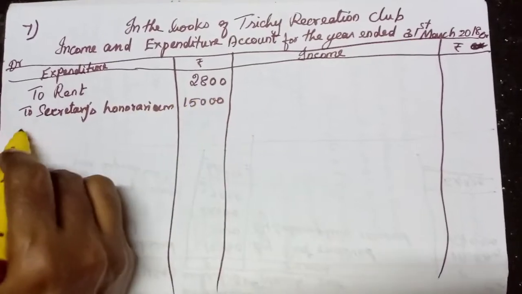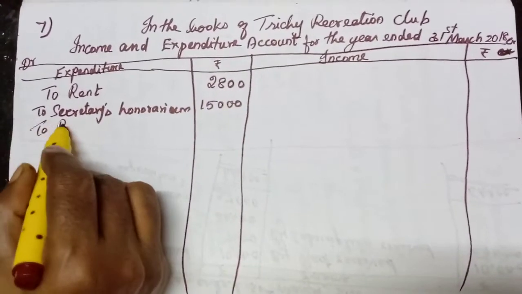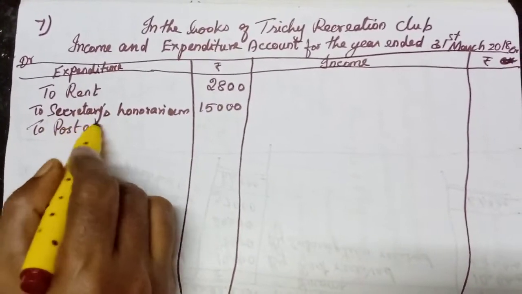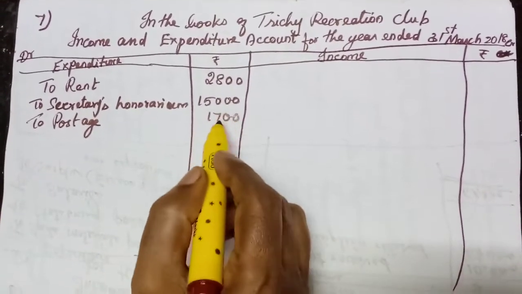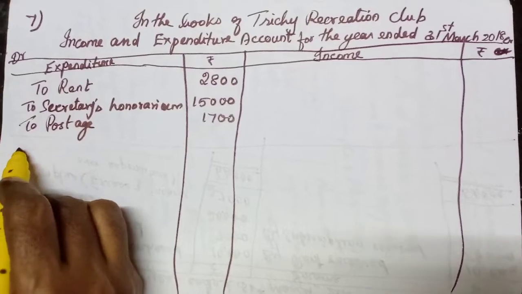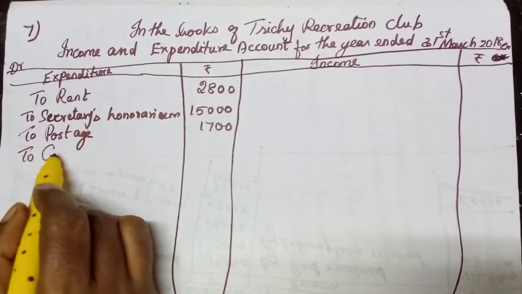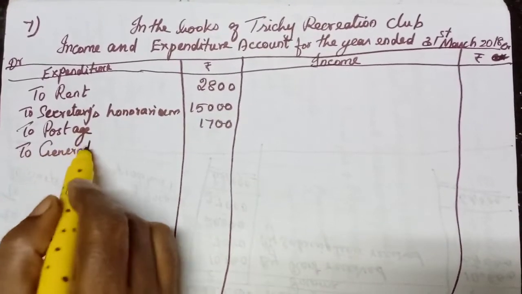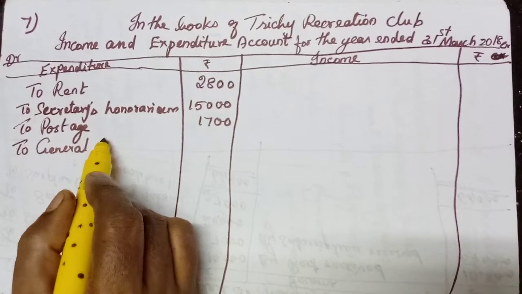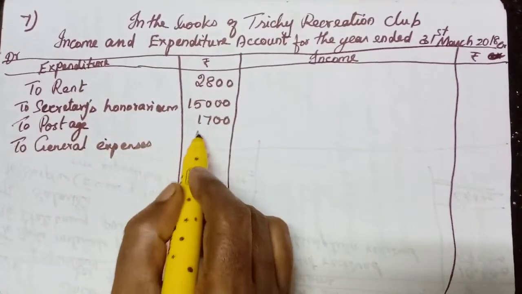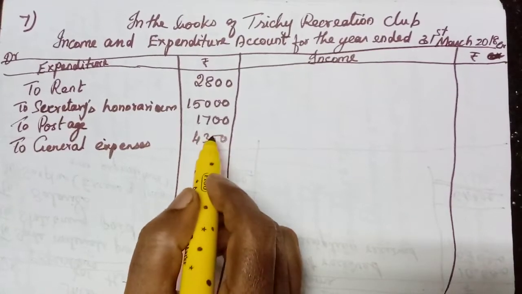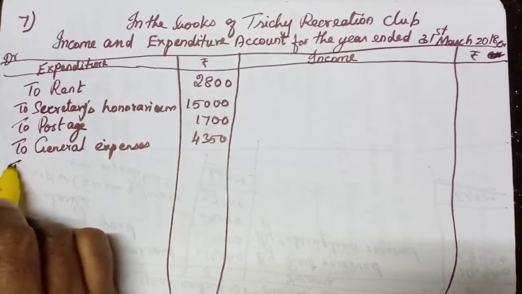Then postage: 1,700. General expense: 4,350.